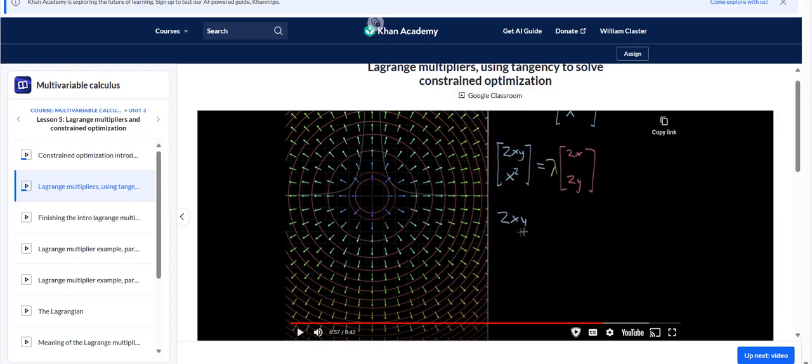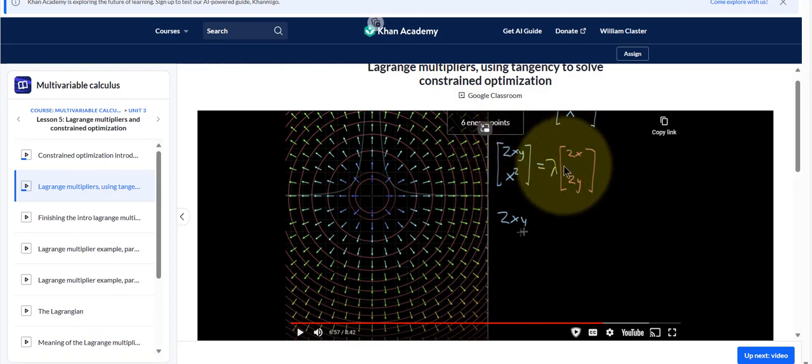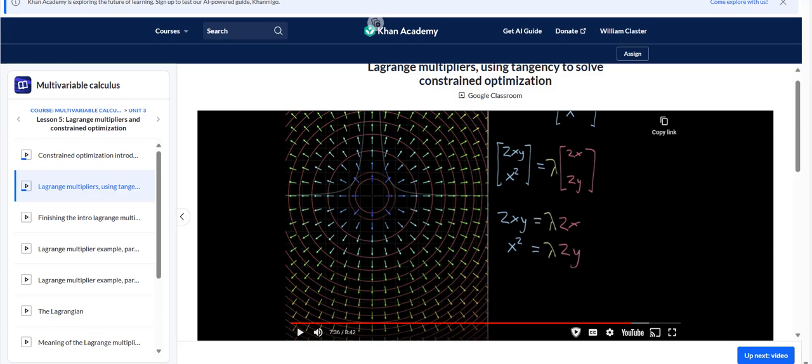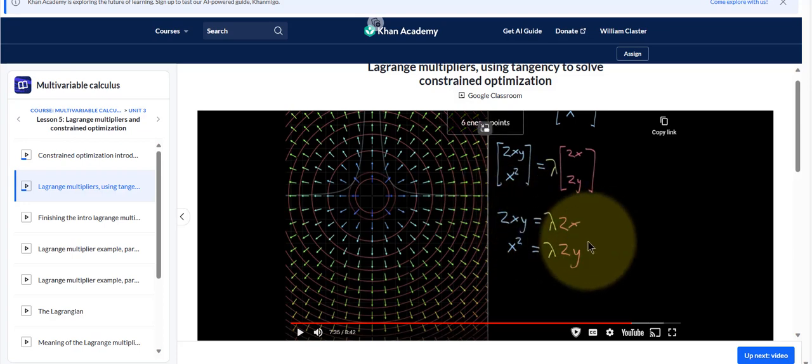But once again, when these are equal to each other, it means that this has to equal this times lambda, and this has to equal this times lambda. So that's two equations, which look like this. Now that's nice, but the problem is we have two equations, but we have really three unknowns here: x, y, and lambda.